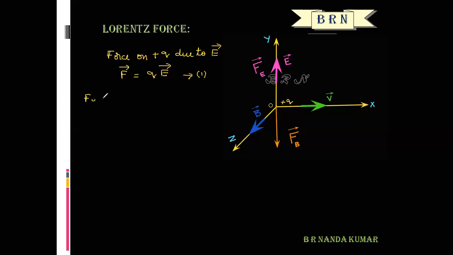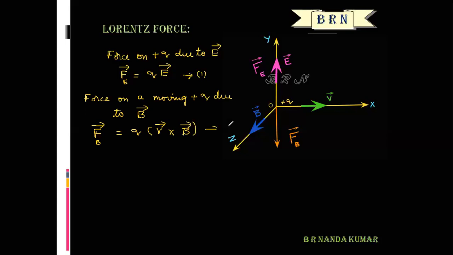The force acting on a moving charge plus Q due to the magnetic field, let us consider this one as F_E vector and this as F_B vector, is equal to Q times V vector cross B vector. We call this equation number 2. This is the Lorentz electric force and this is the Lorentz magnetic force. This is the mathematical expression for the force acting on a moving charge plus Q due to the magnetic field.